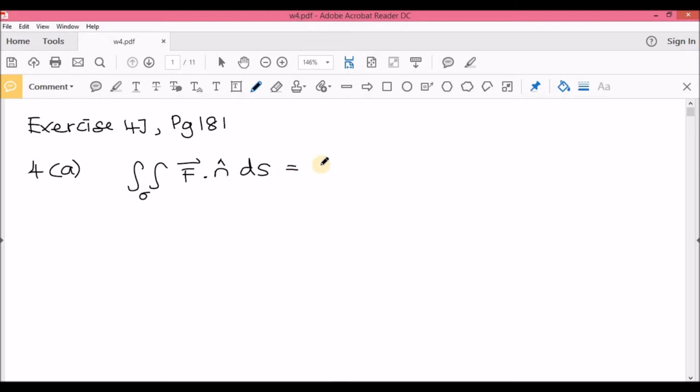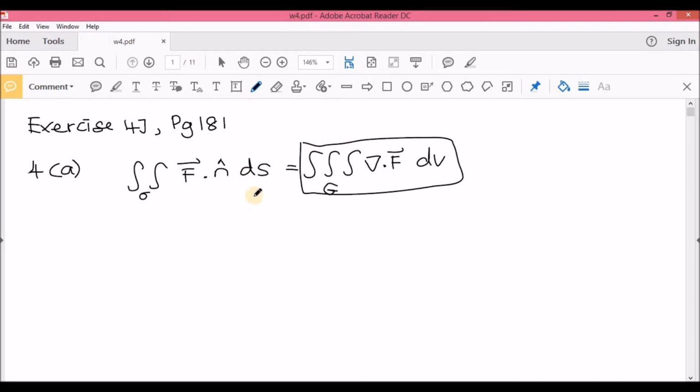It means you have to use the triple integral of the divergence of vector F dV over the structure G. You have to use this formula in order to solve the surface integral.